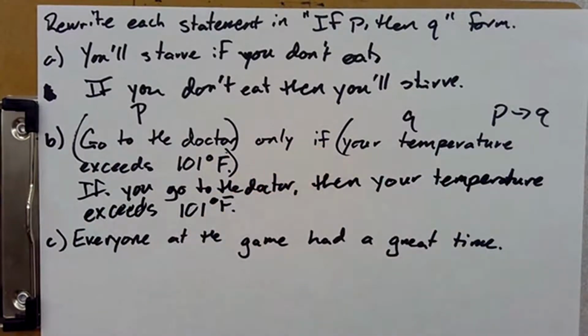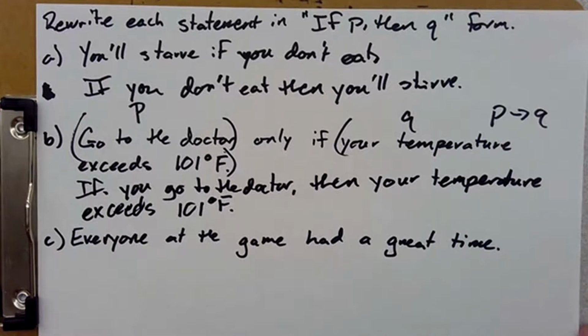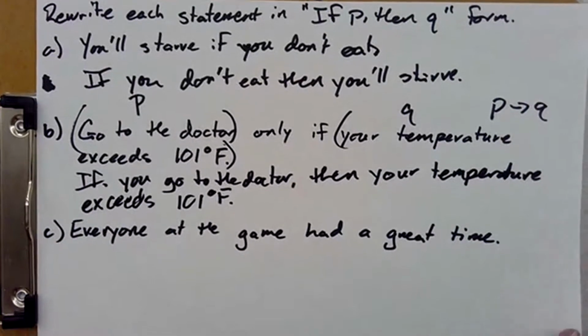And I just encourage you to go to the doctor for other reasons, because there are plenty of reasons to go to the doctor. Broken leg doesn't mean that you have a temperature of 101 degrees Fahrenheit.